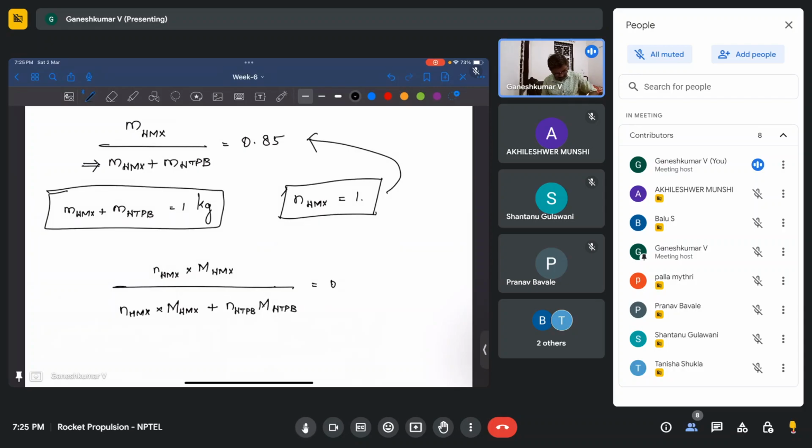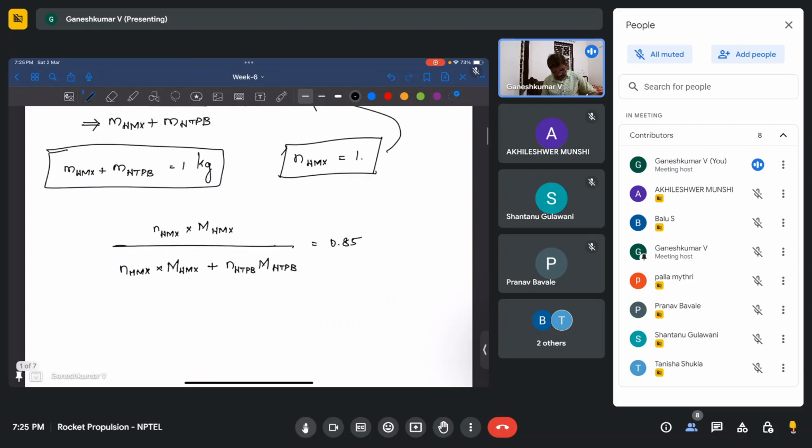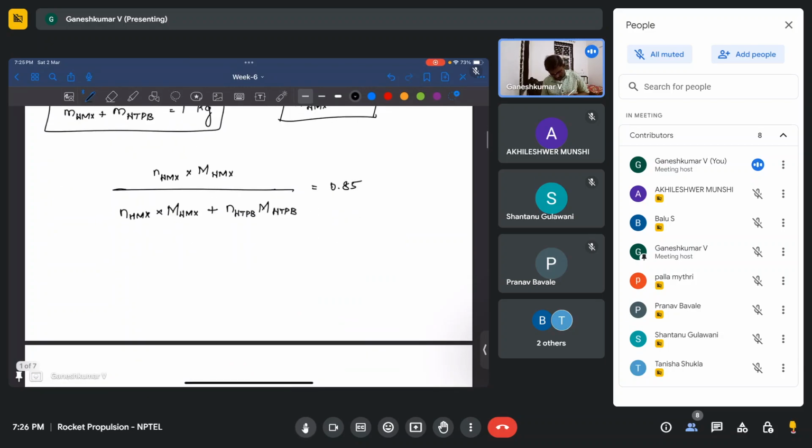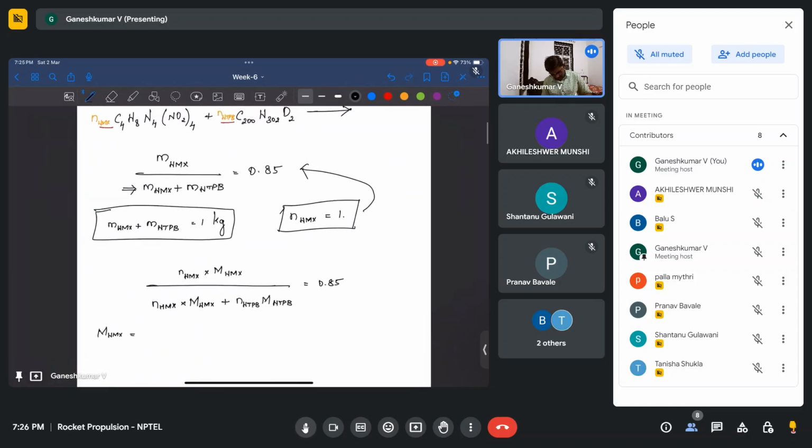This is 0.85, so this has to be maintained. Now we need to find the molecular weight of HMX and how much that would be.